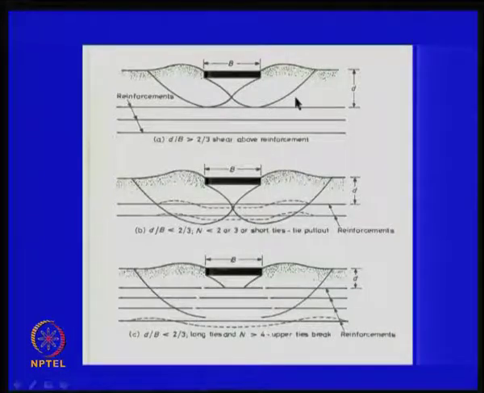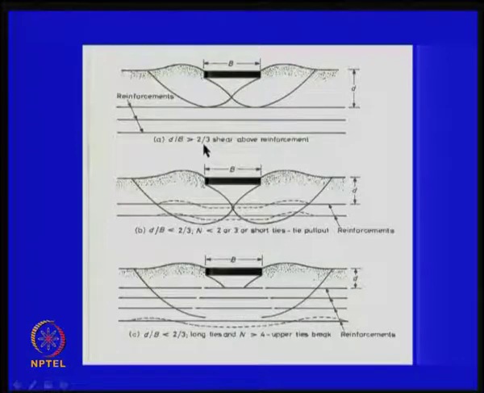So, you would like to avoid this possibility that the shear above the reinforcement will occur. So, that is like d by b should not be more than 2/3, like it should be quite close. We will see some guidelines also, that if d by b is more than 2/3, the shear failure occurs.